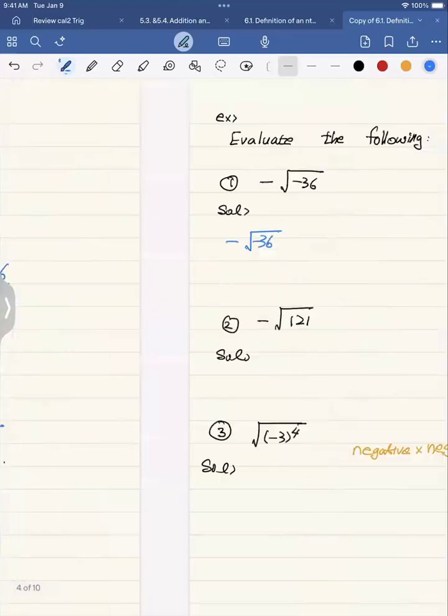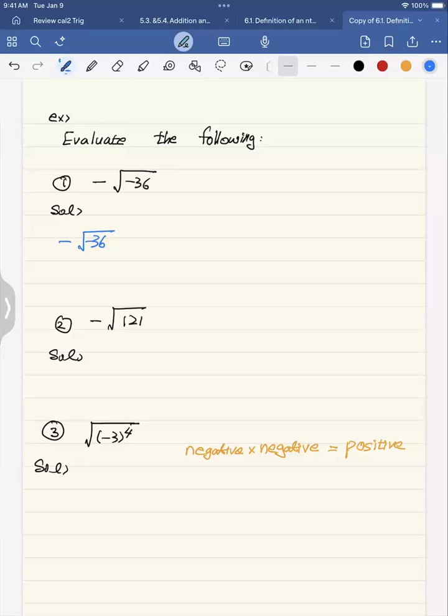So what's written under the square root sign, which is negative 36, must be a real number squared. So what we can say about this is there is no number b such that b squared equals minus 36. So we cannot evaluate.